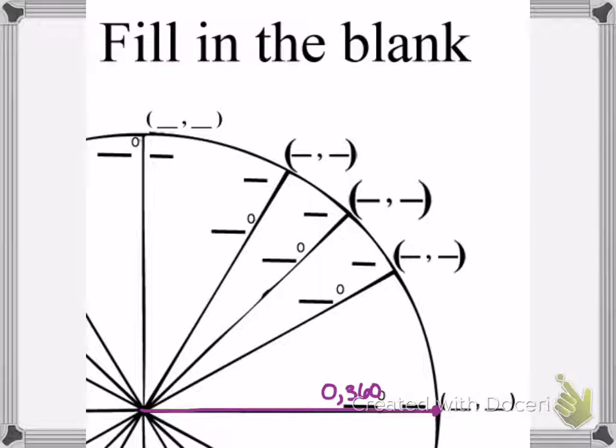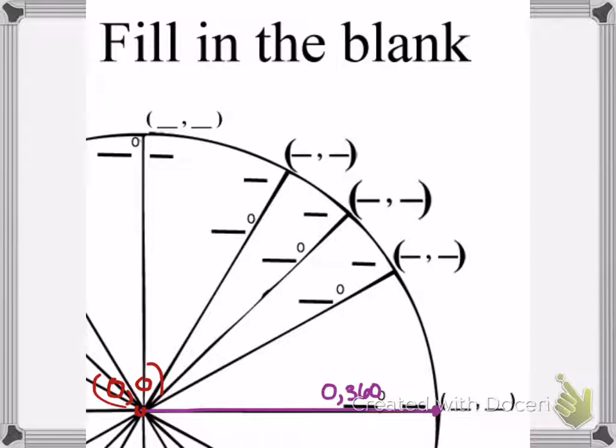And again, we could go around the circle multiple times, and we'll talk more about that later. What I want you to do is think about this as we are labeling x and y coordinates on the unit circle. We're going to be counting from this center point, which is 0, 0, and we're going to try and label the coordinates of each of the dots around the outside of the circle.